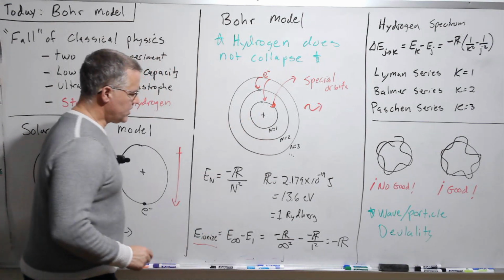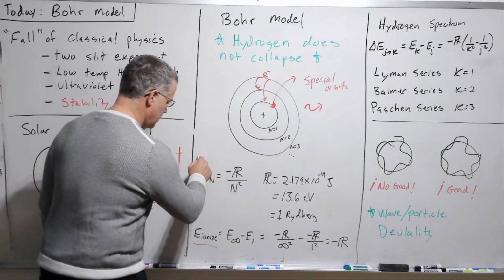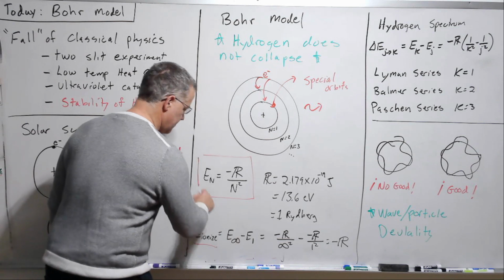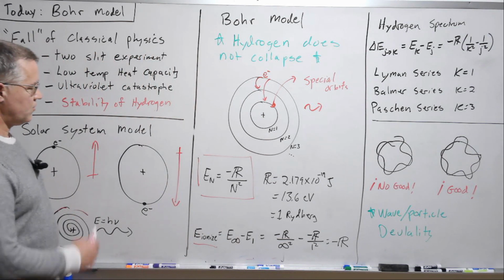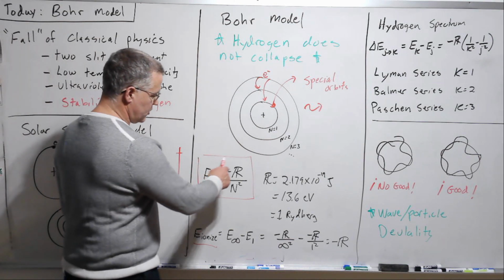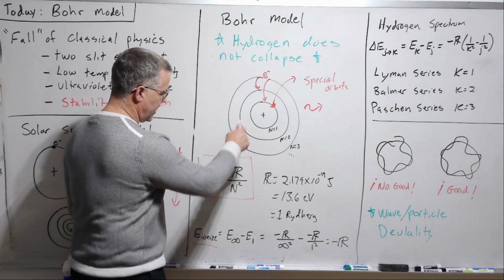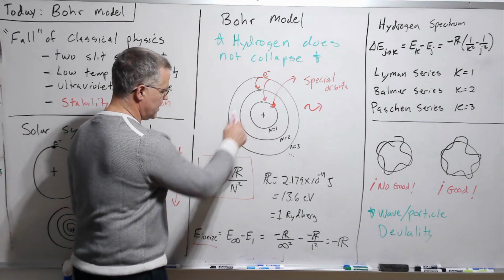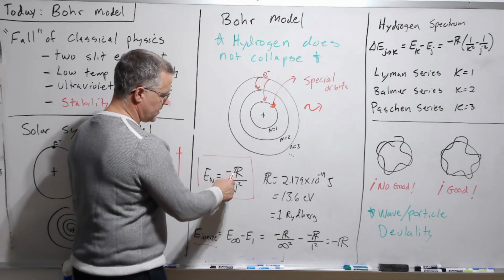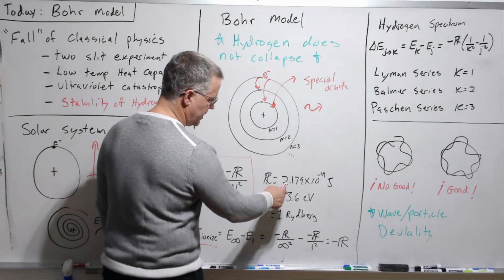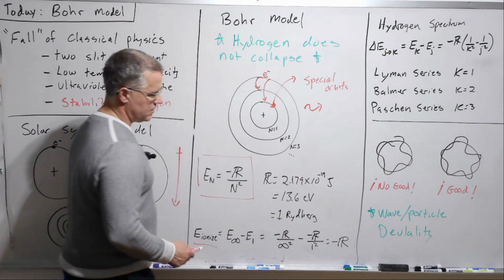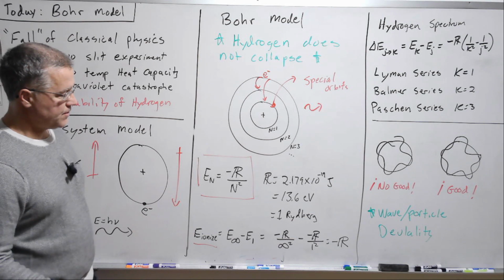So let's see if we can calculate that. Doing calculations similar to what we did for the solar system model, Bohr was able to show that the energy of any of these levels is some value. The value happens to be 2.18 times 10 to the minus 19 joules.